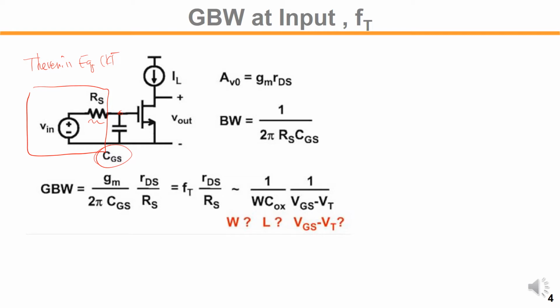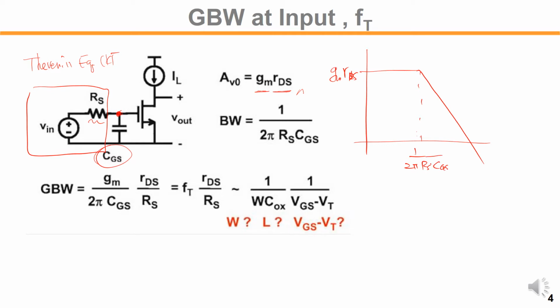So the overall DC gain is the same, because at DC this low pass filter just passes our signal. So gm rds is the DC gain, and the bandwidth is given by RS and CGS, which is 1 over 2 pi RS CGS.